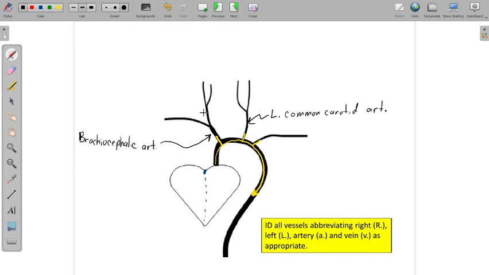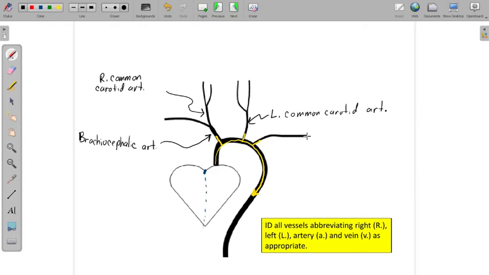It's this one right here. Right common carotid artery.